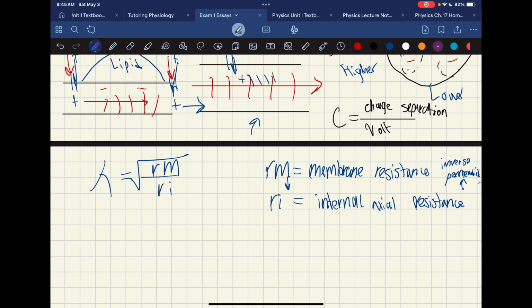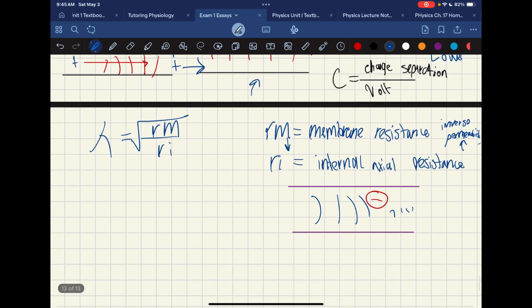And what internal axial resistance looks like in the cell is we have our axon here, but we have these negative proteins blocking these positively charged ions, reducing them, causing them to be smaller, reducing the graded potential and its effectiveness.